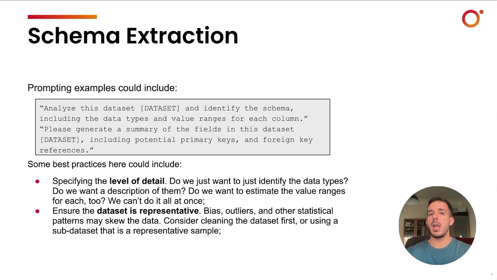Because in certain cases, if you're calculating value ranges, for example, then the existence of biases or outliers can definitely skew those ranges and give you incorrect information about a schema. Or you can literally have data which are not formatted properly and that don't belong in the dataset and that literally change the format of the dataset that is detected because they should not be there in the first place.